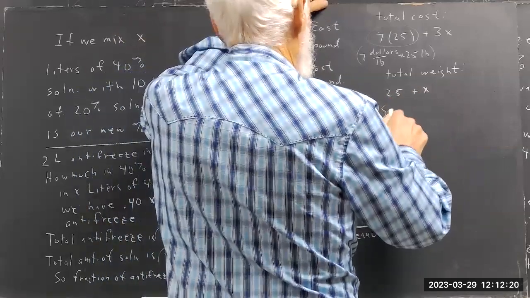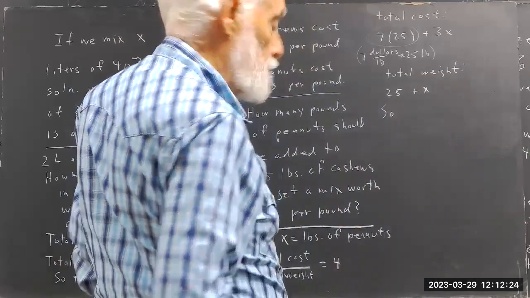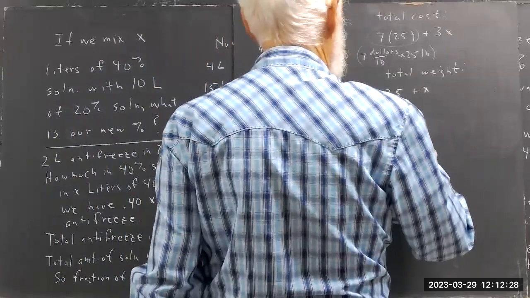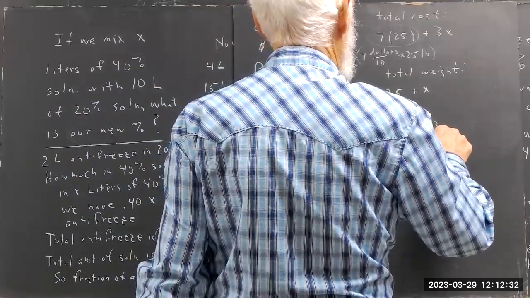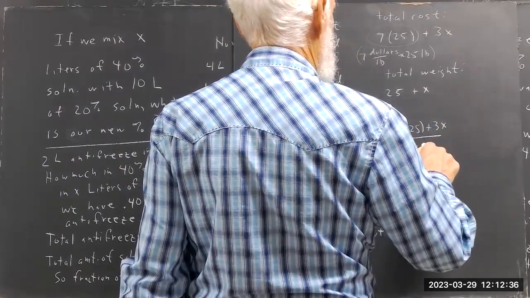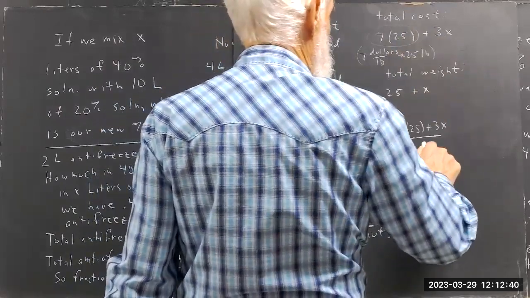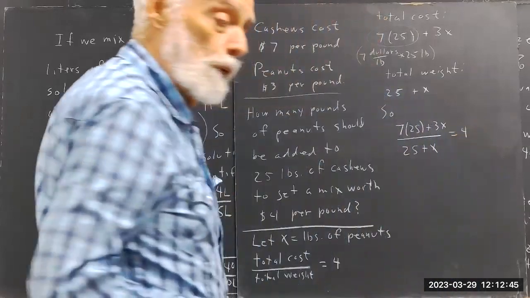So total cost over total weight equals 4. The total cost is 7 times 25 plus 3X, and then we have 25 plus X here. That equals 4.